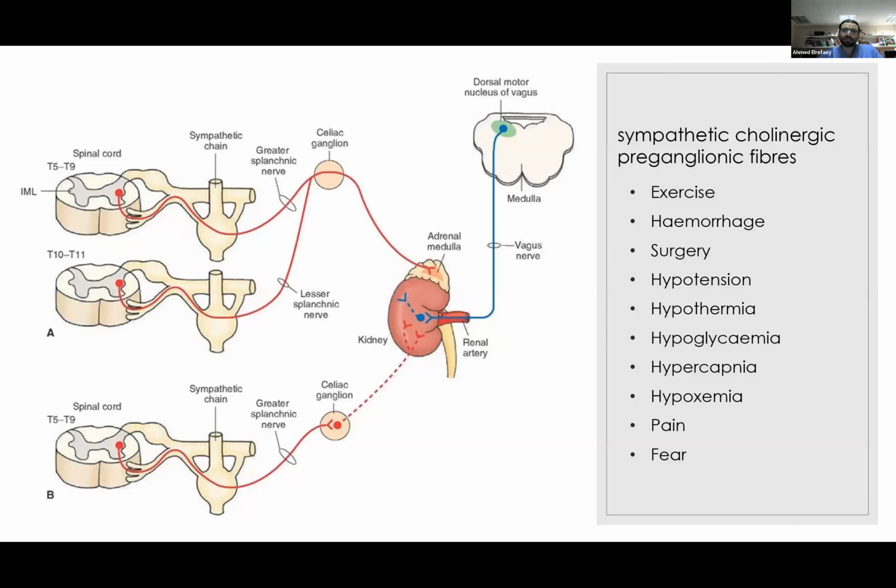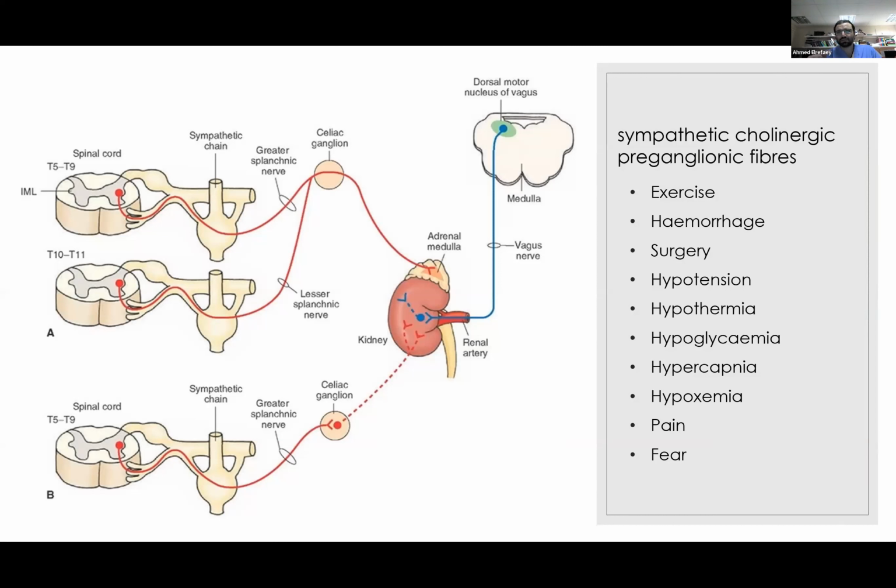They are connected to the sympathetic nervous system because they are modified sympathetic ganglia. So we have the output from the lateral horn cells in the thoracic segments of the spinal cord, the sympathetic ones, with the preganglionic fibers going through the greater and the lesser splanchnic nerves without relaying in the celiac ganglion, but they relay first in the adrenal medulla, and they are cholinergic preganglionic nerves.